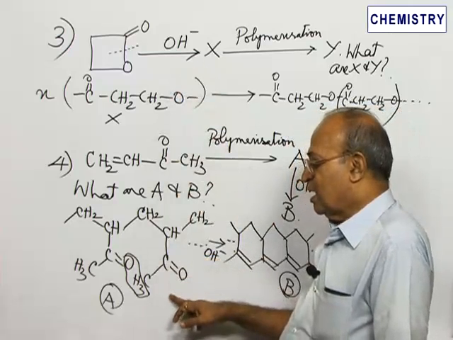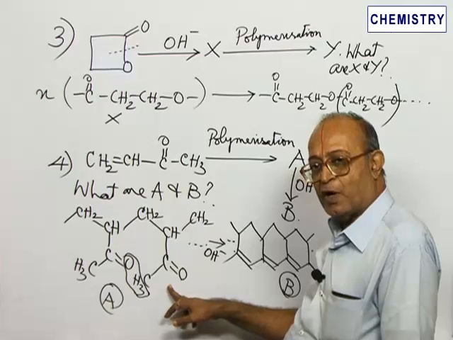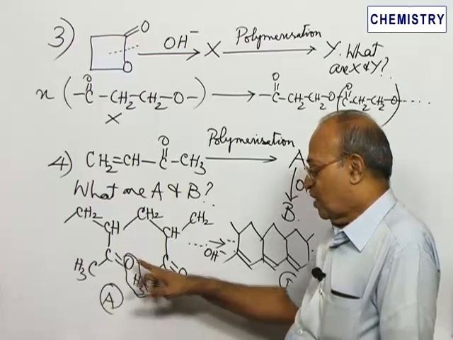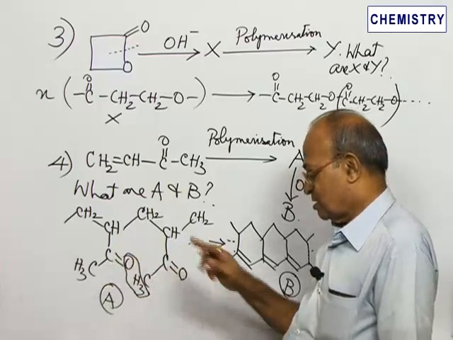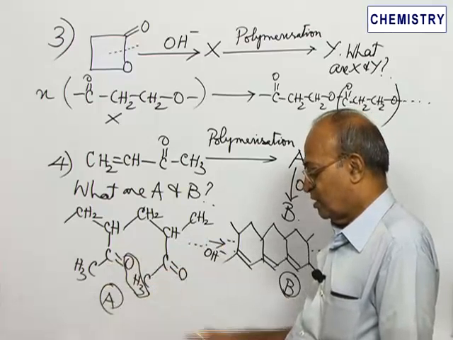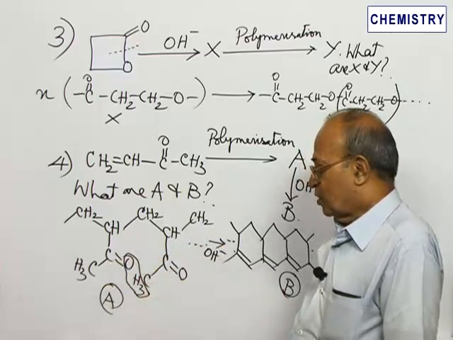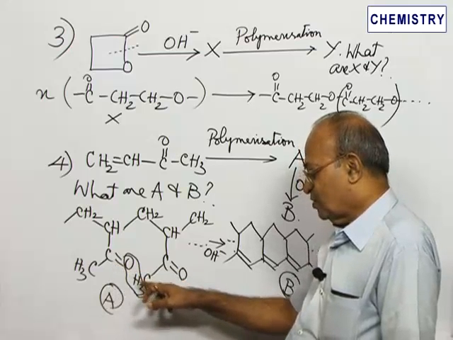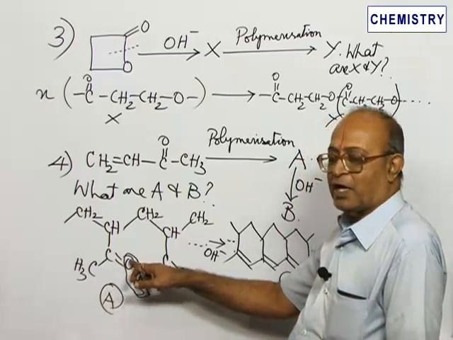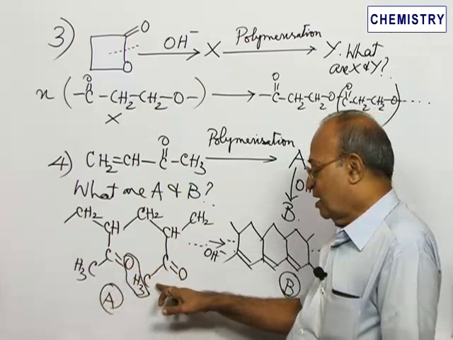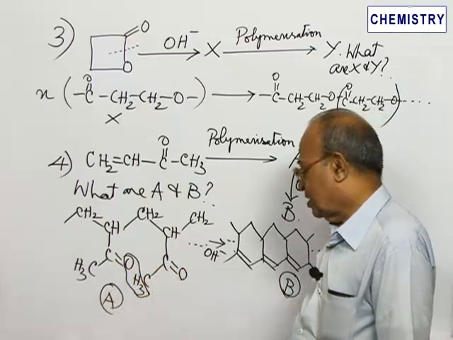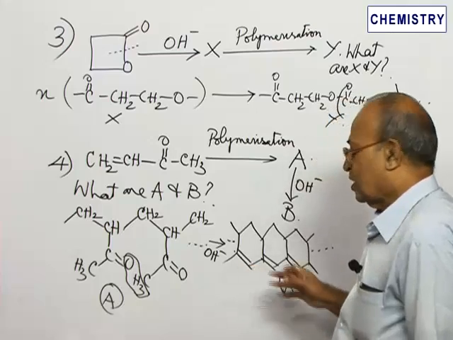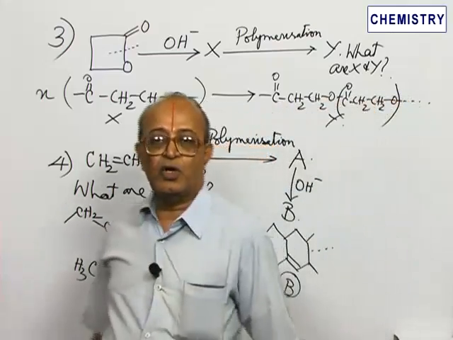And here, because of this elimination of water molecule from these adjacent CO and CH3, you remove water molecule, leaving C double bond CH here. Out of 3 hydrogens, 2 are utilized in the removal of water and 1 H is left out here. So you get a ring closure.